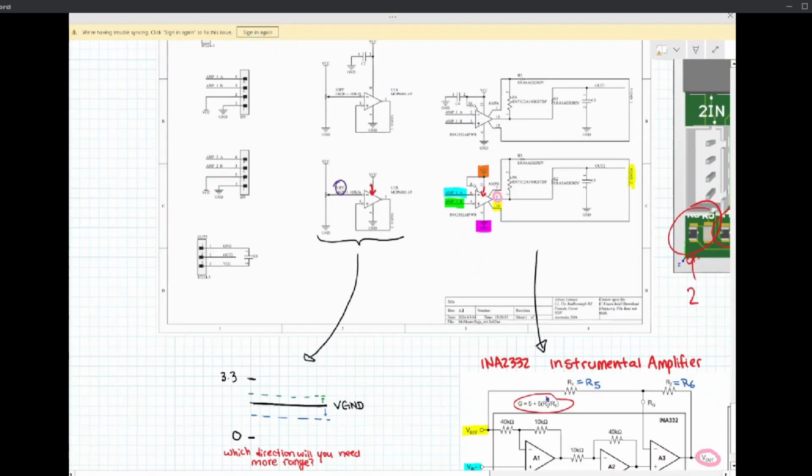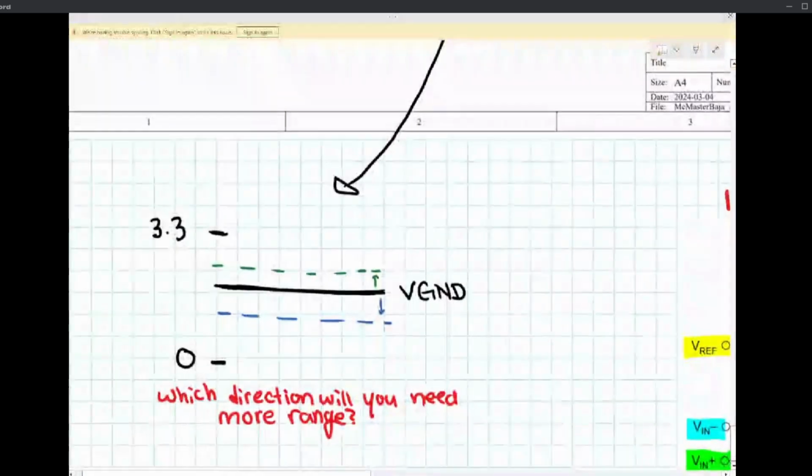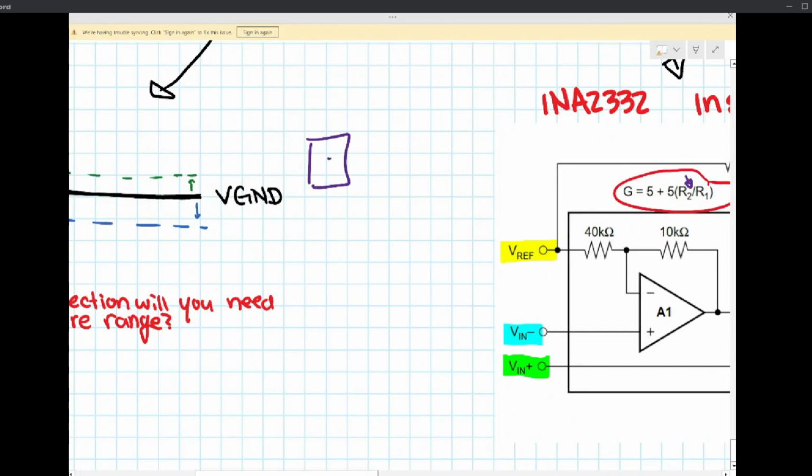So one thing that Ariel was thinking about when he was designing this is, are you going to see more torque or more force going in one direction than the other? In my mind, the easiest way to think about this is through torque. You have your engine on one side, you have your axle, and then you have your wheel.